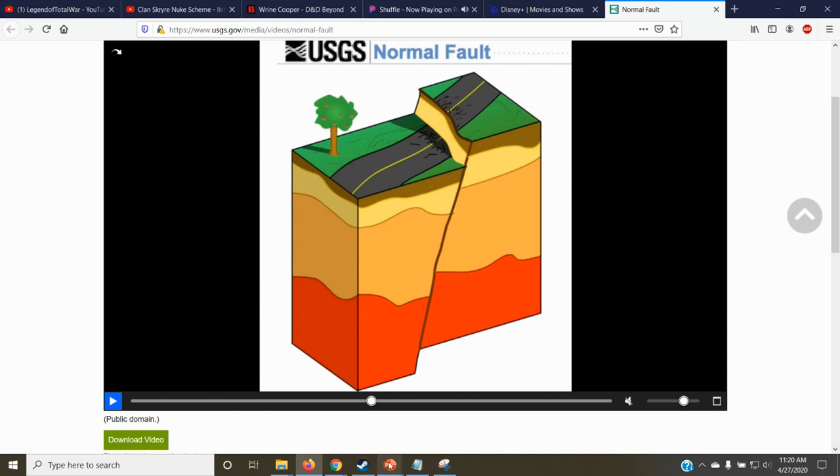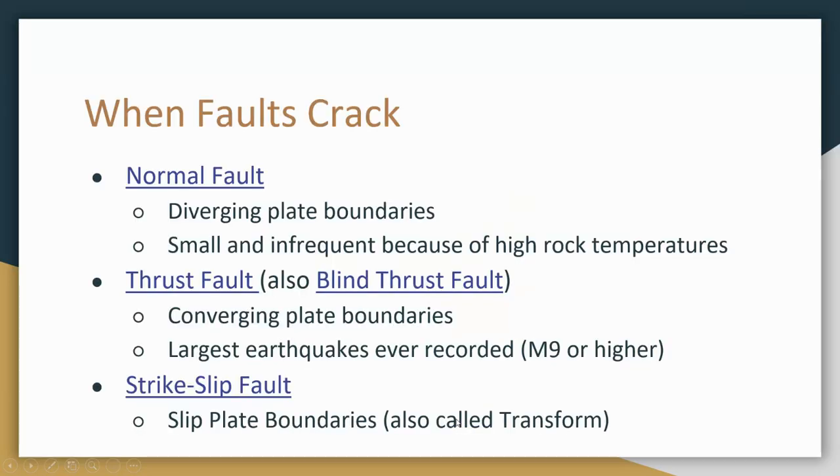Okay, not too bad. Well, at these normal faults, you're only going to have small and infrequent earthquakes because at diverging plate boundaries, you have high rock temperatures. So remember, diverging plate boundaries are where new crust is being formed, so that magma is welling up at the surface and slowly cooling.